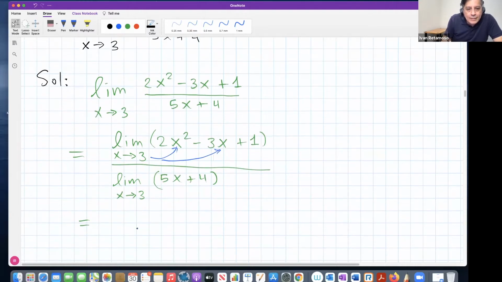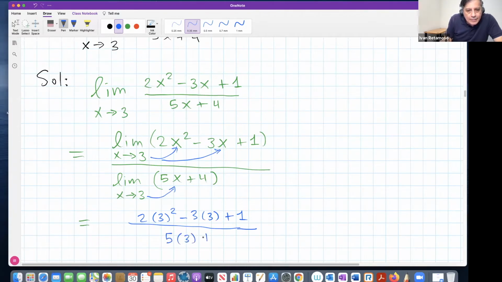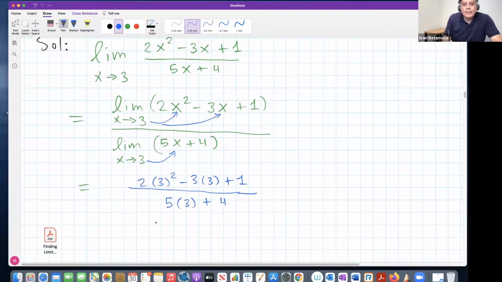Great. So we do that, and we get 2 times 3 squared minus 3 times 3 plus 1 over 5 times 3 plus 4. Basically, work this out, and we should be done.